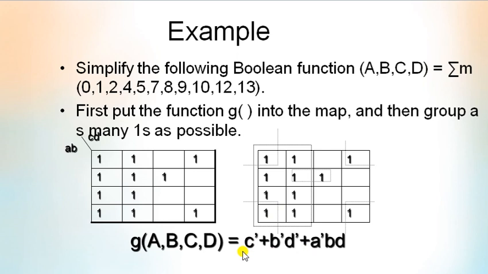When the state of the variable is same, we can put it here as a result. When it is 0, we put the variable as complemented, like c dash, a dash, b dash, or when it is 1, we can put it as an uncomplemented variable like a b c.